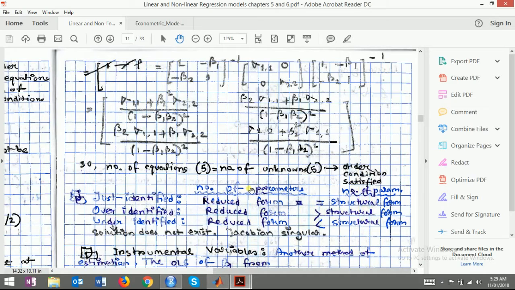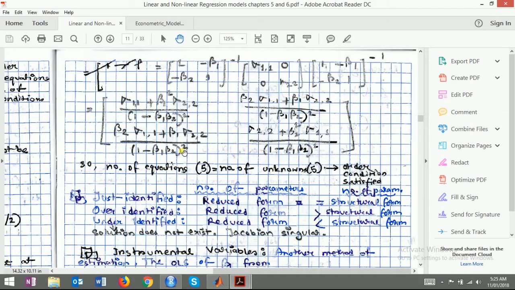Again putting in the values of B and multiplying them, we are left with this particular equation: gamma 1 1 b1 square, gamma 2 2, 1 minus b1 b2. So 1 minus b1 b2 whole square is common in everyone. Gamma 1 1 b1 square, gamma 2 2, gamma 2 2 b2 square, gamma 1 1 b2 gamma 1 1 b1 gamma 2 2. Very simple.